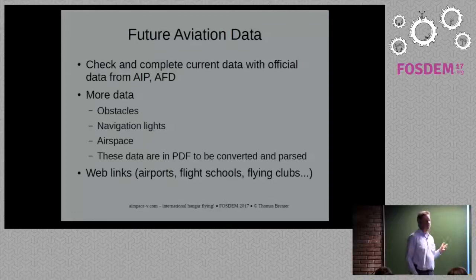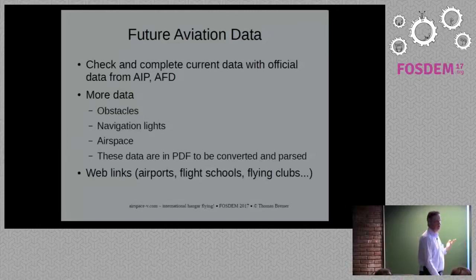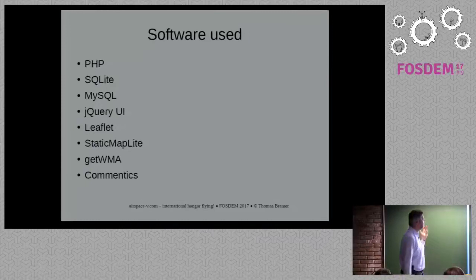But finally, web links. Currently there are only at most one or two Wikipedia links for each airport, and the plan is to include official airport websites, or flight schools, flying clubs, stuff like that.